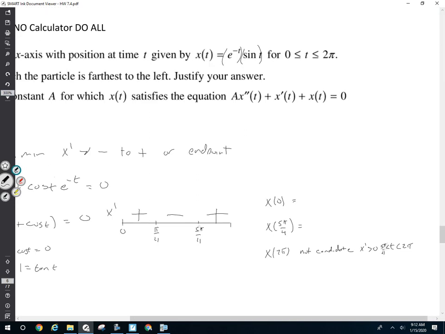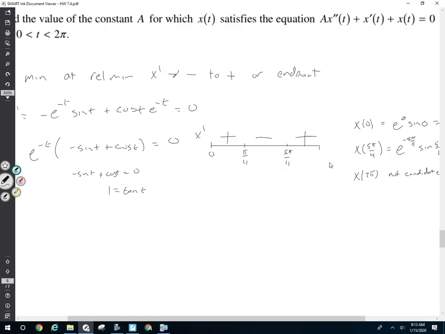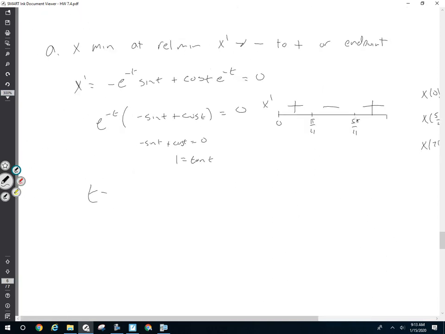Okay, x of 0 is e to the 0 times the sine of 0, which is 0. X of 5 pi over 4 would be e to the negative 5 pi over 4 times the sine of 5 pi over 4. Do you know what that is? No, but you know it's a negative value, because sine of 5 pi over 4 is negative. So t equals 5 pi over 4. The particle is furthest left by the candidates test.